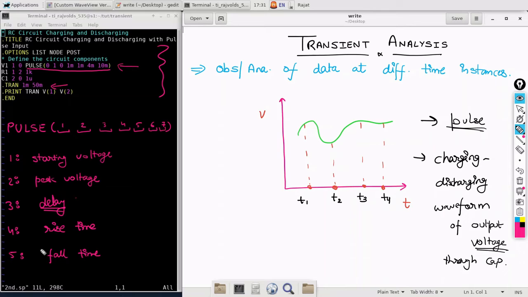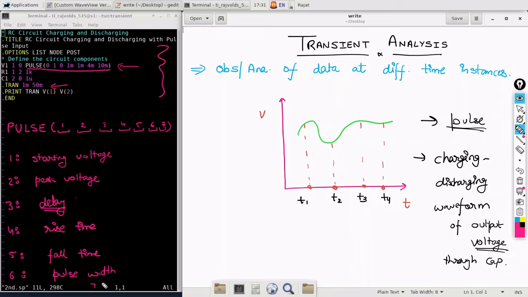For sixth, we have the pulse width. The pulse width is the time for which the pulse sustains its value at the peak voltage.